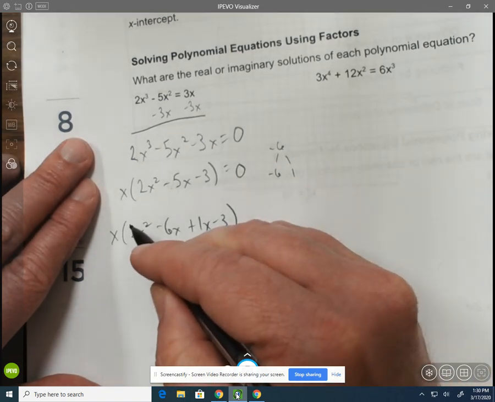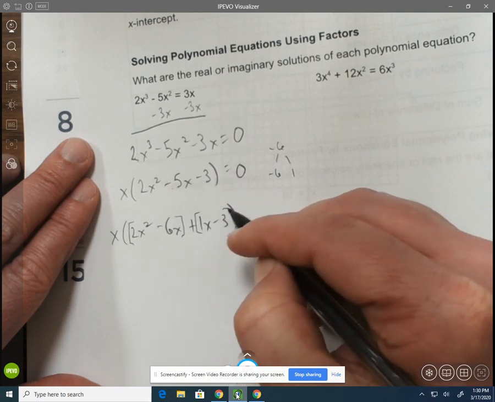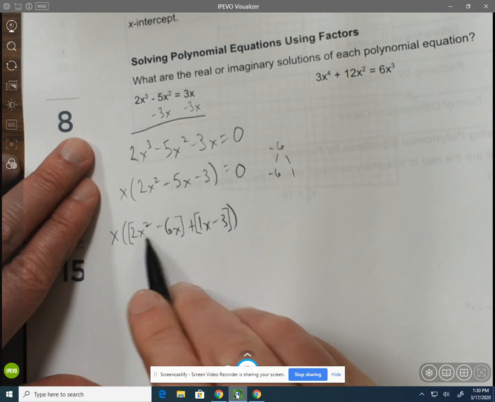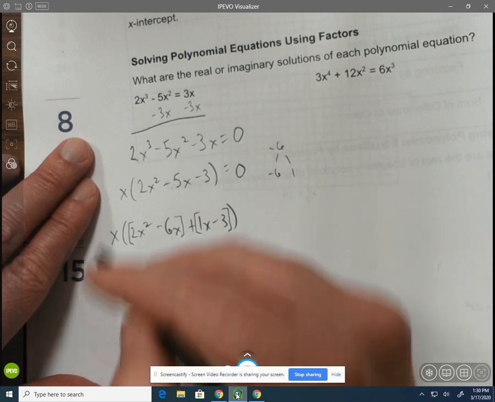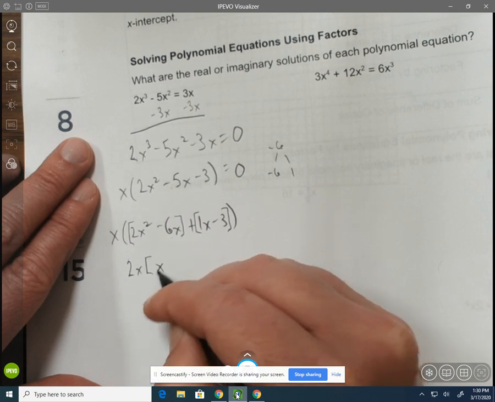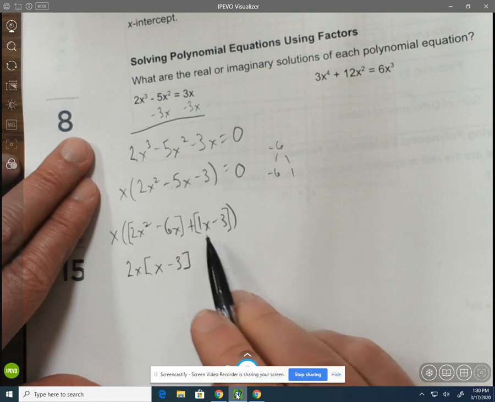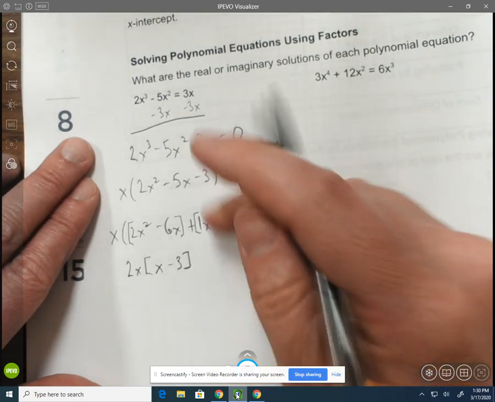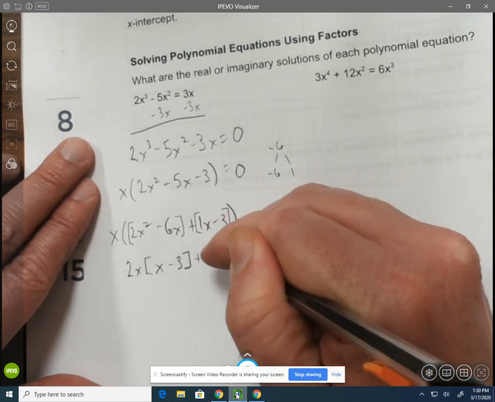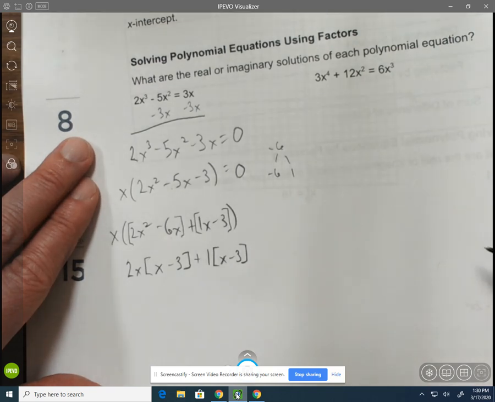And now I can group these, and I'm going to group them with some brackets because I've already got a set of parentheses and I don't want to confuse myself. Inside the first grouping, I can factor out a 2x, and that would leave x minus 3. And in the second, I can factor out a 1, I guess, which would still leave me x minus 3.